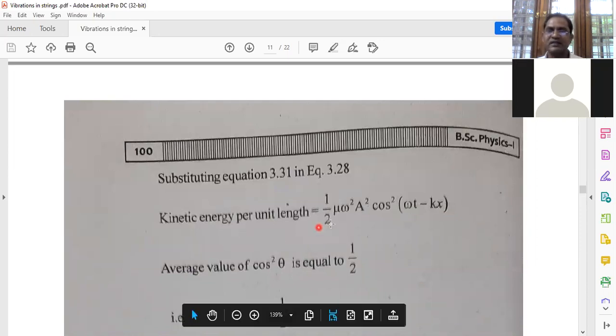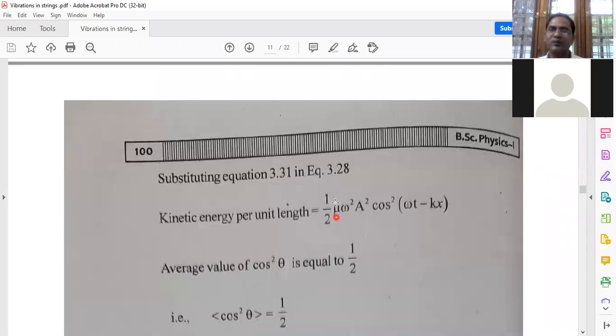Hence, kinetic energy per unit length equals μ/2 (∂y/∂t)². With ∂y/∂t = aω cos(ωt − kx), this is μ/2 times ω²a² cos²(ωt − kx).